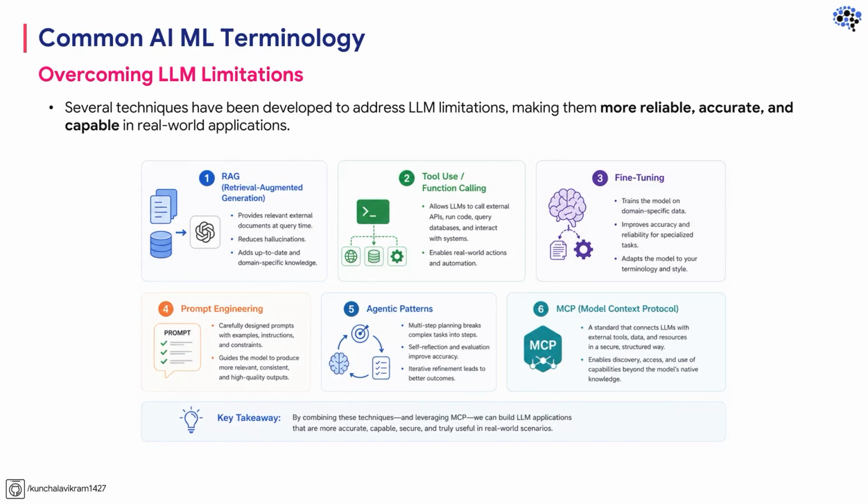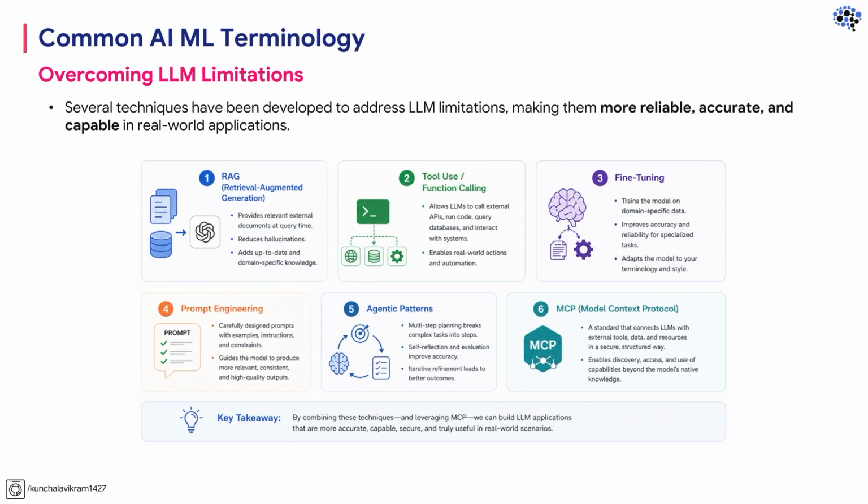How do you overcome these LLM limitations, like the lack of company related data or the inability to do any actions other than just generating text? So there are several techniques. With techniques like RAG, we can provide LLMs access to internal documentation or some sort of knowledge apart from the knowledge that it already has, right?